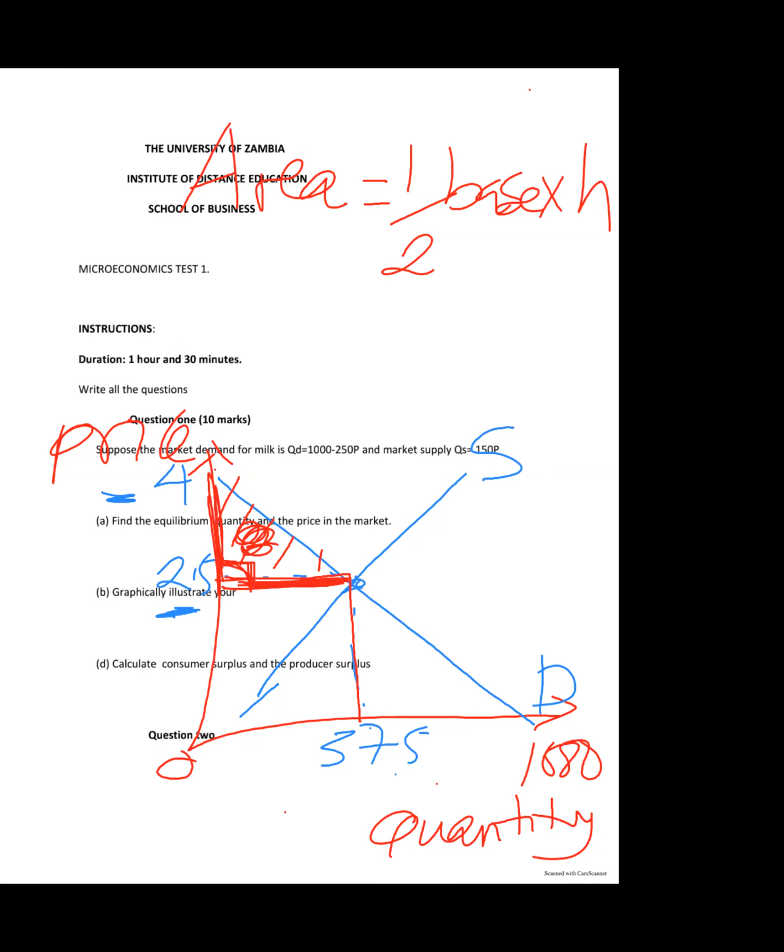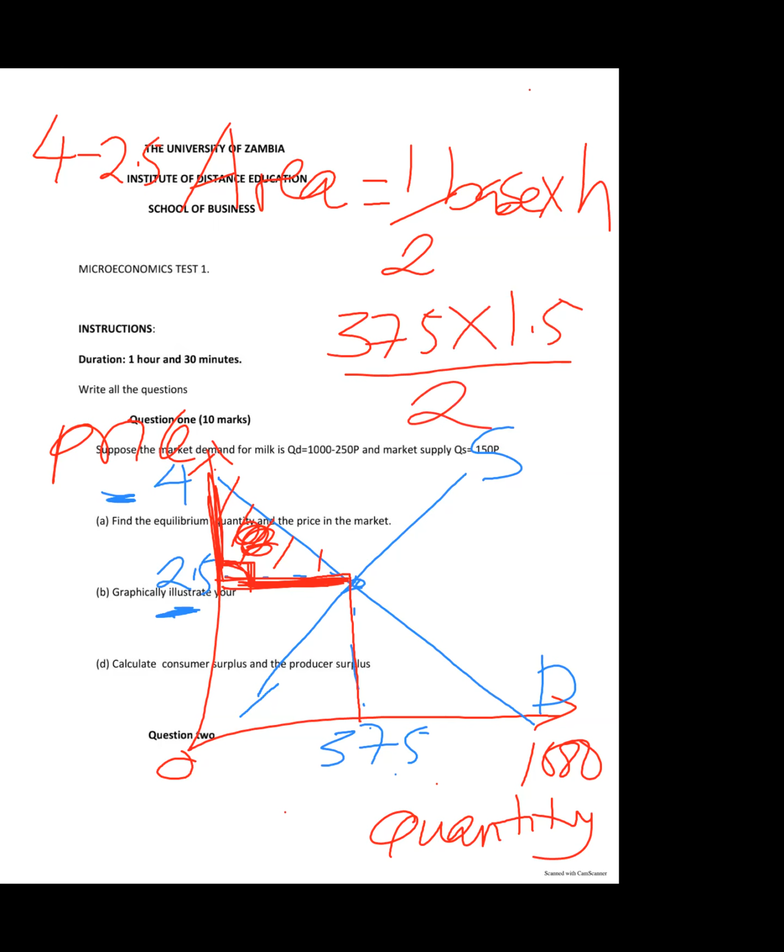So our height shall be 4 minus 2.5, which gives us 1.5. So our base is 375, times 1.5, our height, divided by 2.